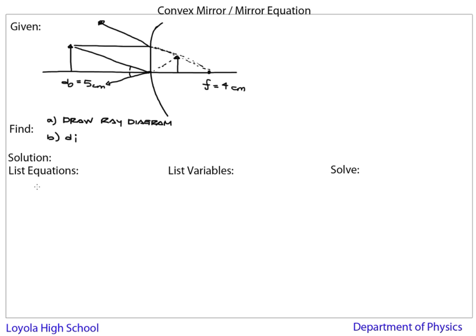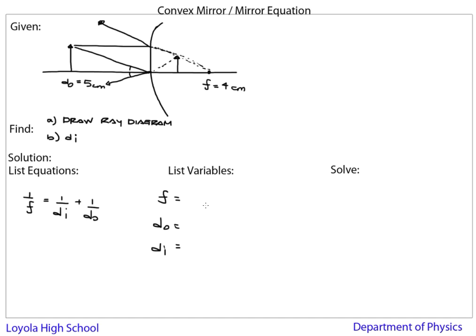So for the solution of the quantitative part, I'm going to list my equation: 1/f equals 1/di plus 1/do. The variables here are focal length, do, and di.